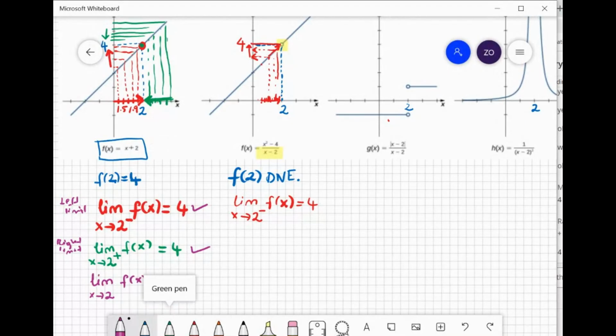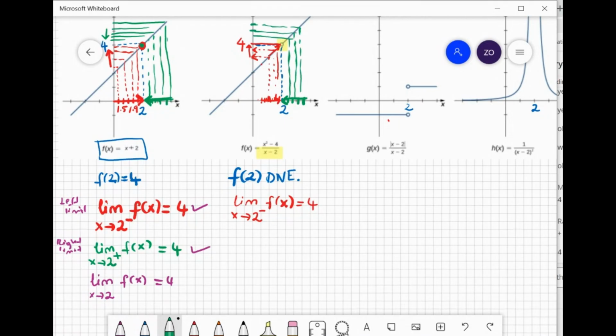And the same thing applies for the second graph. When you choose x values that are larger than 2, so from the right side, but that are getting close to 2, what happens to their y values? This is the image, the y value, and this is the y value here.